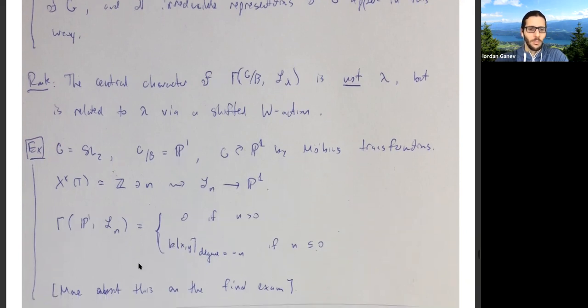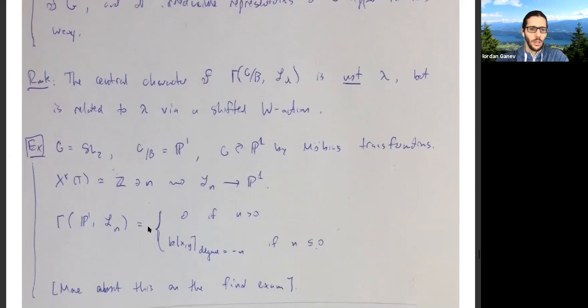You can show that it doesn't have any global sections if n is positive, but if n is negative, then we have global sections, and those global sections will be the polynomials of degree minus n. Again, there's this stuff with plus or minus n, but I believe I got the signs right.